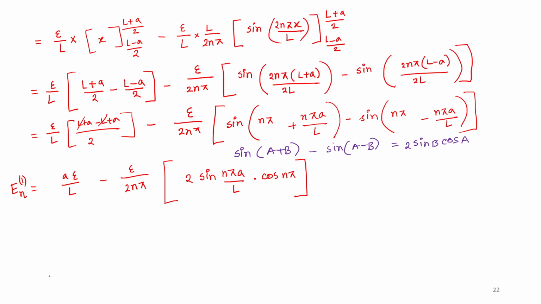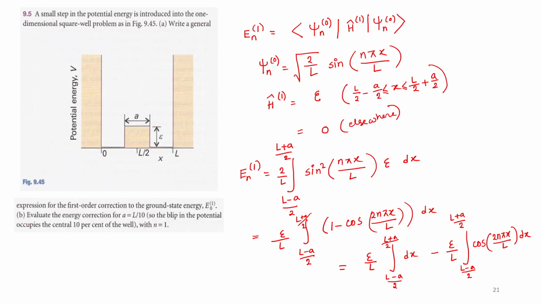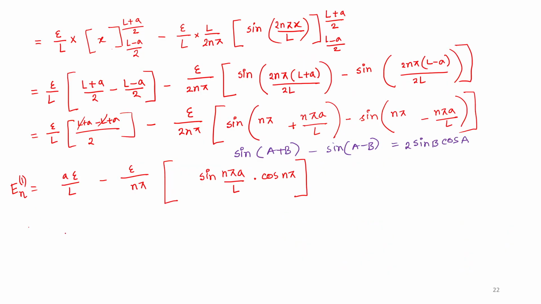And if we can simplify it a little, then we will erase these two, right? And what else we can do? Well, nothing much, right? They have said to calculate for the first part A, write a general expression for the first order correction to the ground state energy E10.